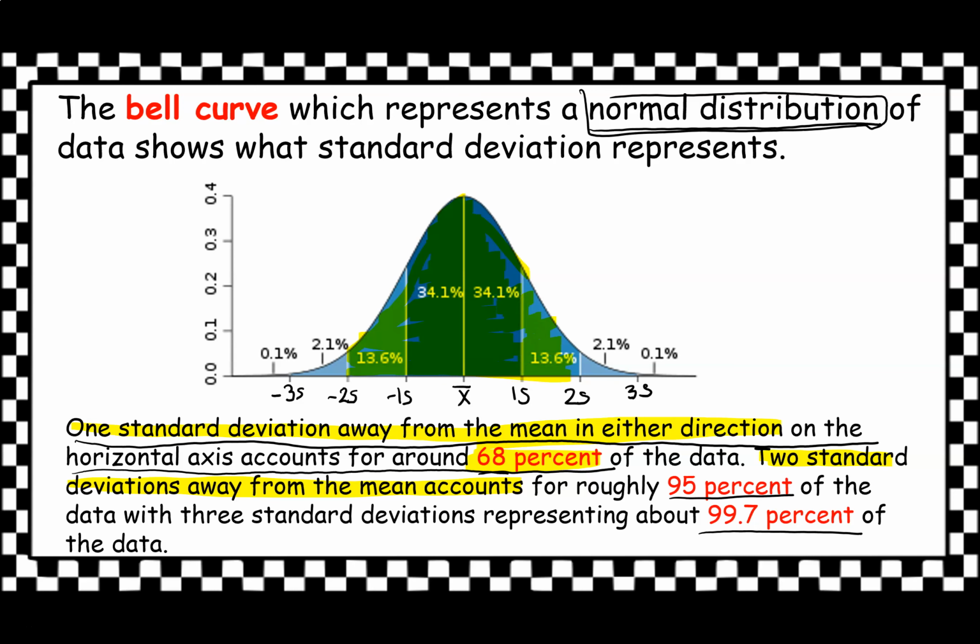And if you add up all those values, you're going to get roughly 95%. Now lastly, if we're talking about 3 standard deviations away from the mean, that's going to be 99.7% of the data, which is pretty much everyone. You can use 99.7, 99.8, whatever works for you. I'm not going to be super picky about that.